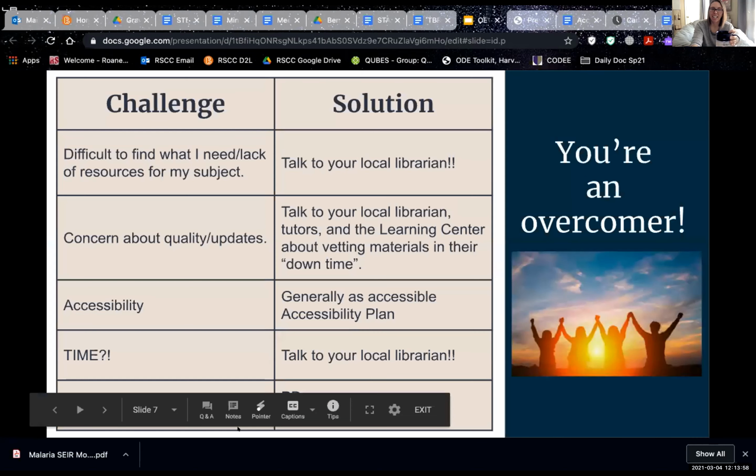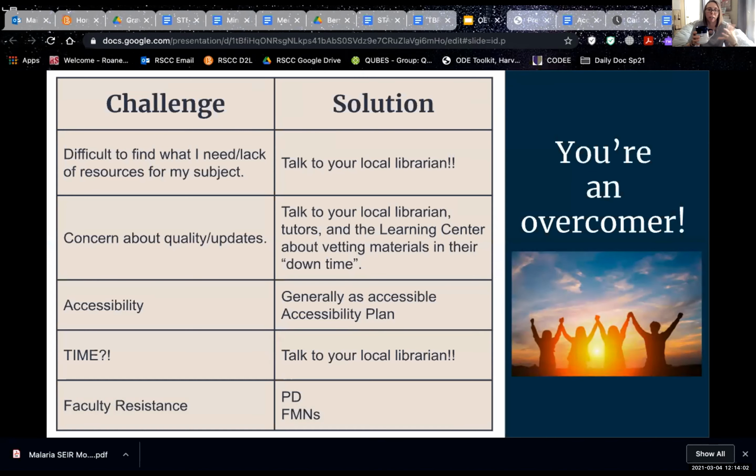All right, and just finishing up, this is addressing each of those big concerns, and a lot of the concerns that you have in the chat. If you're having trouble finding the time to find resources, talk to your local librarian. I've just realized how fruitful this is. It's such a wonderful conversation, and they can help you find so much.